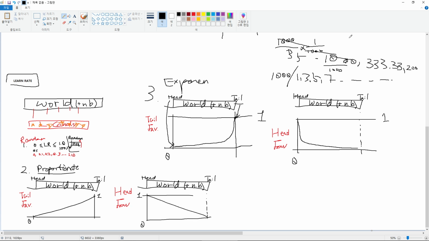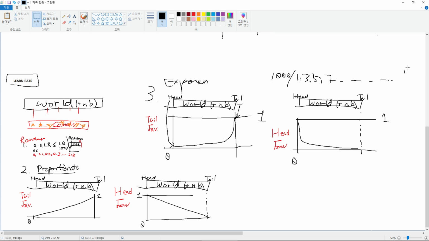So it's 1 over 1, 3 over 1, 5 over 1, all the way to whatever over 1, or 2n plus 1. Is it minus 1? Yeah, it's 2n minus 1. So that's how it is. So this is head favored, tail favored.